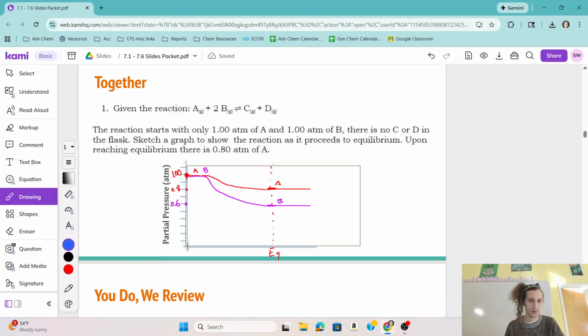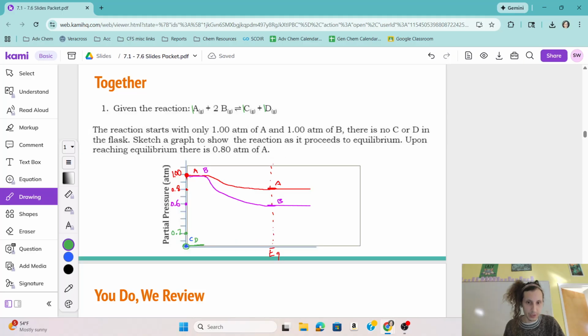Now, for some different colors, we've got C in blue, and I'll do D in green. So as soon as these two start changing, both of them are going to go up by the same 1-to-1 coefficient as the substance A. So they'll be going to 0.2 atmospheres, because 0.2 atmospheres of A were used up, so that means 0.2 atmospheres of C and D were produced.